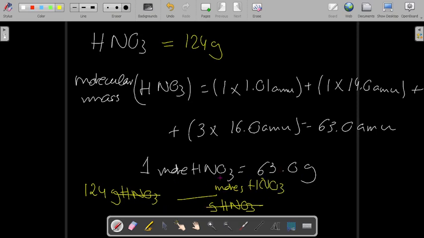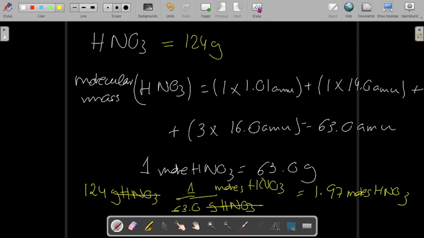And put the equivalency where it belongs. So 63, not 6.3, 63.0 grams is 1 mole. Put everything in the calculator and you'll find out that you have actually 1.97 moles of nitric acid in that 124 grams of nitric acid.